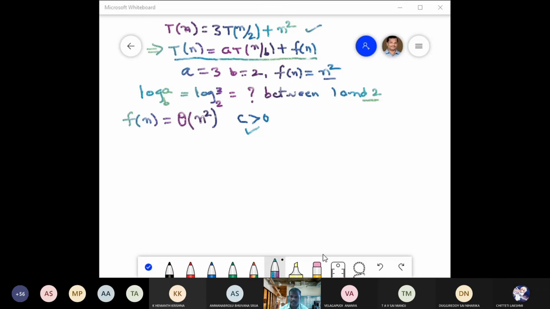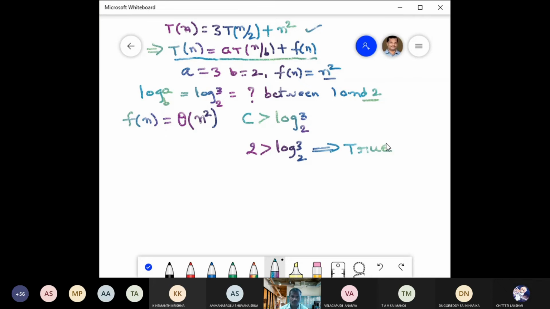Then also you have to check whether c is greater than log a to the base b. What is the c value? 2. Is it greater than log 3 to the base 2? Yes or no? So it is true.